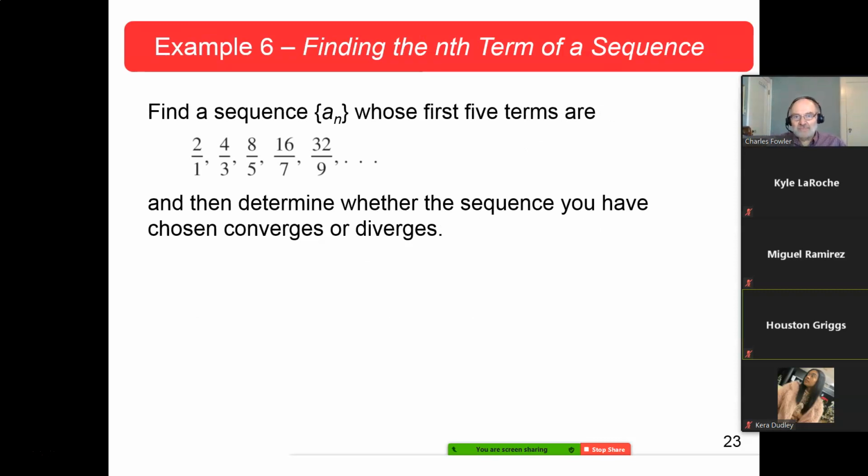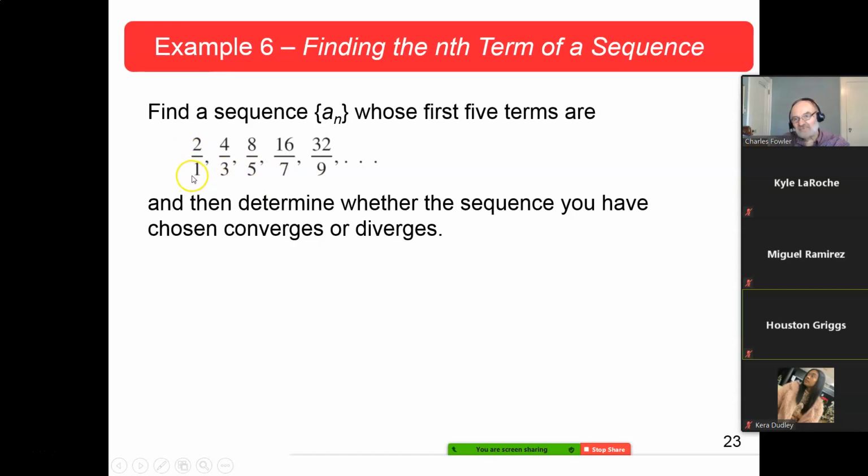Here's a sequence a sub n whose first 5 terms are 2 over 1, 4 over 3, 8 over 5, 16 over 7, 32 over 9. Okay? Now, just looking at that, it looks to me like this is 2 to the first, 2 to the second, 2 to the third, 2 to the fourth, 2 to the fifth, over the odd numbers 1, 3, 5, 7, 9.